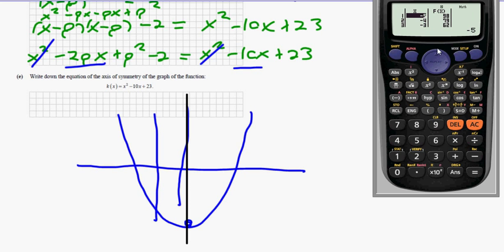Start at these numbers here. Let's have a look. So dropping down: 0, 23; 2, 7; 3, 2; 4, minus 1; 5, minus 2; 6, minus 1. Now, I'll just go a bit higher this time, alright? So instead of 6, I'm going to stop at 10.